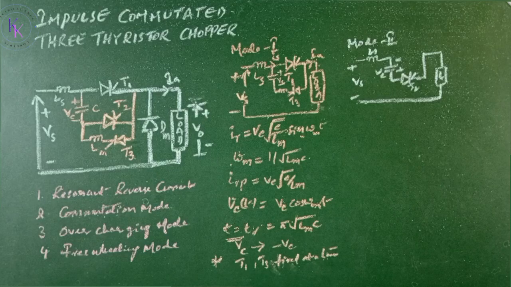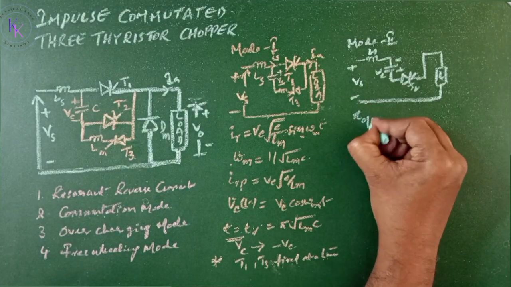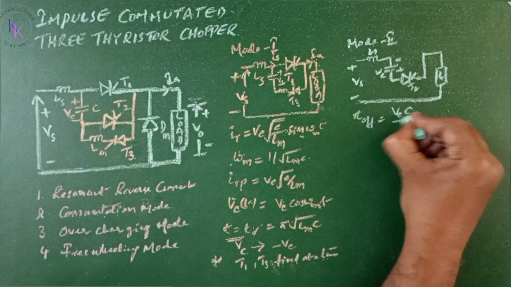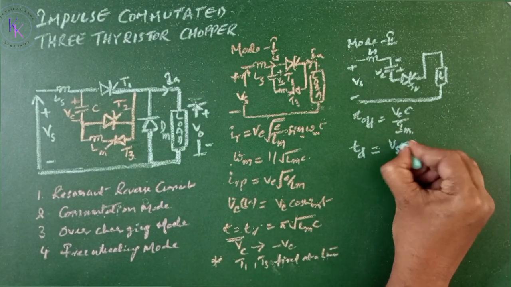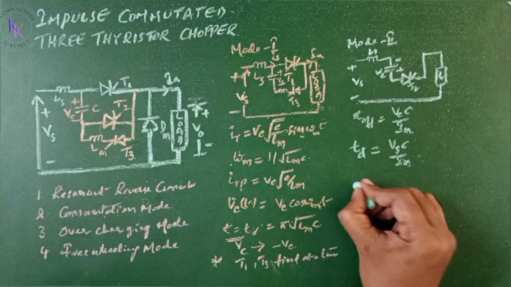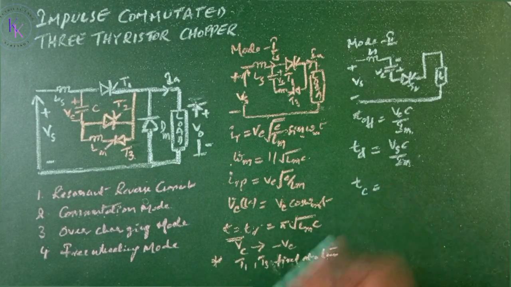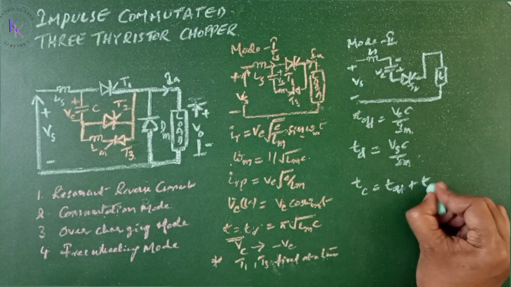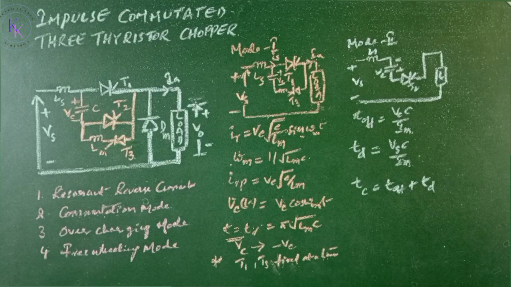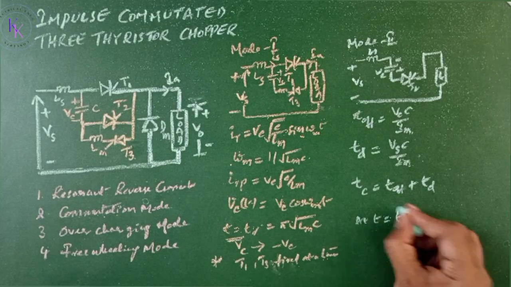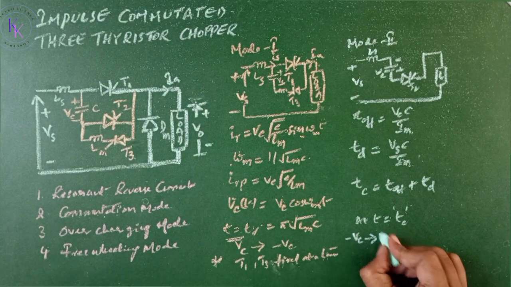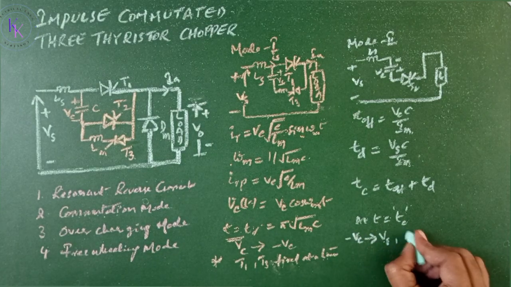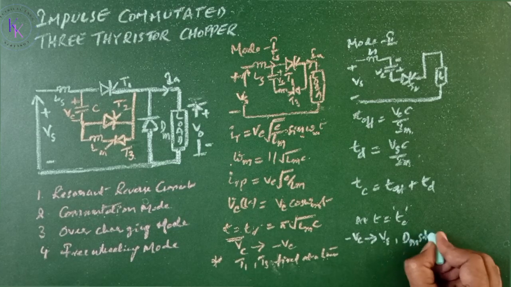In this we come across the circuit turn off time Toff equals Vc C by Im, and the recharging time Td equals Vs C by Im. Then the commutation time Tc equals Toff plus Td. The second mode is going to end at t equals Tc. Capacitor C recharges to minus Vc to Vs, and the freewheeling diode Dm is going to start conducting at the end.